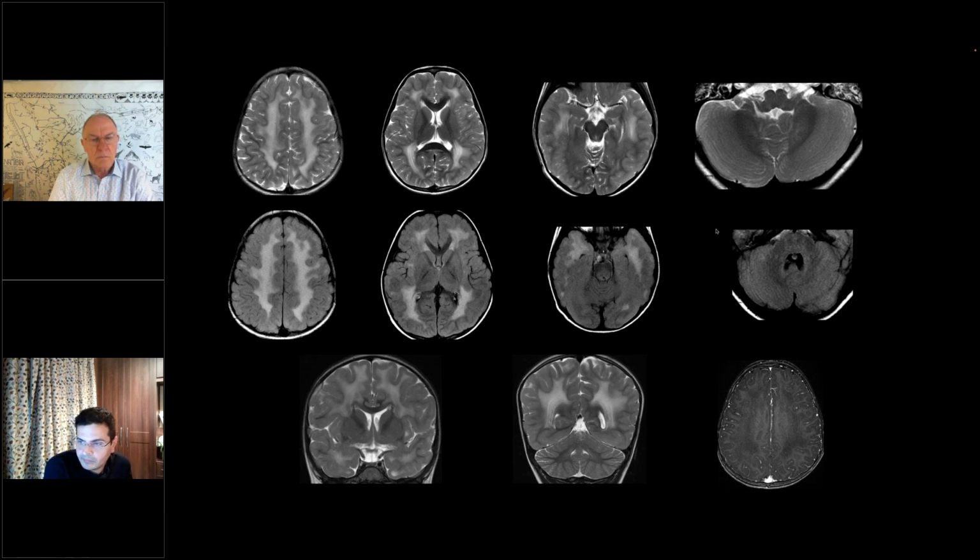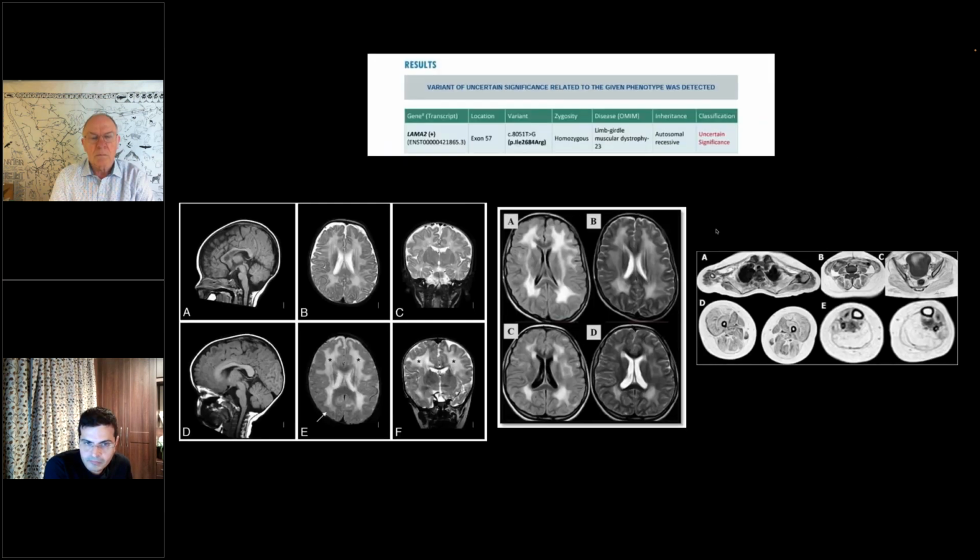It was reported as VUS, so maybe there is a CNS form of LAMA2 which presents like this. Sir, how is he developmentally, your patient? He's 6 years old. Is he normal is the question. Normal development? Normal. Okay. He's a normal child.